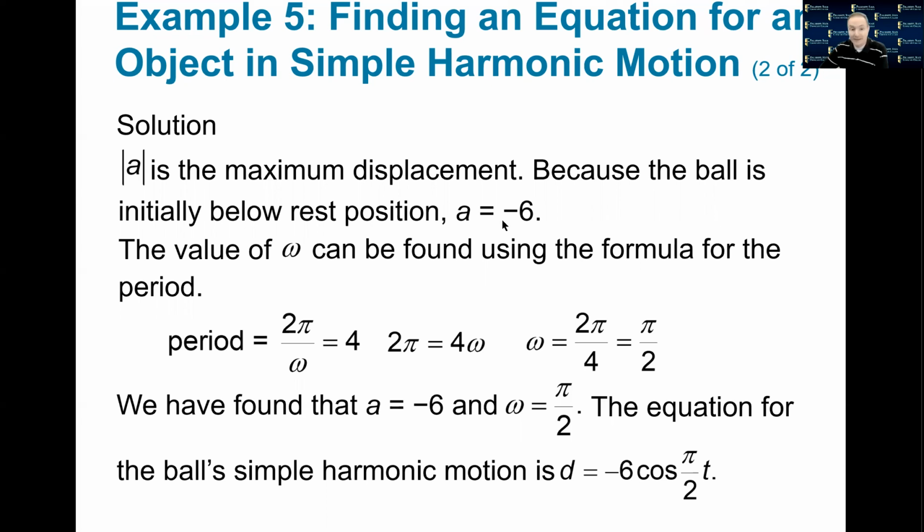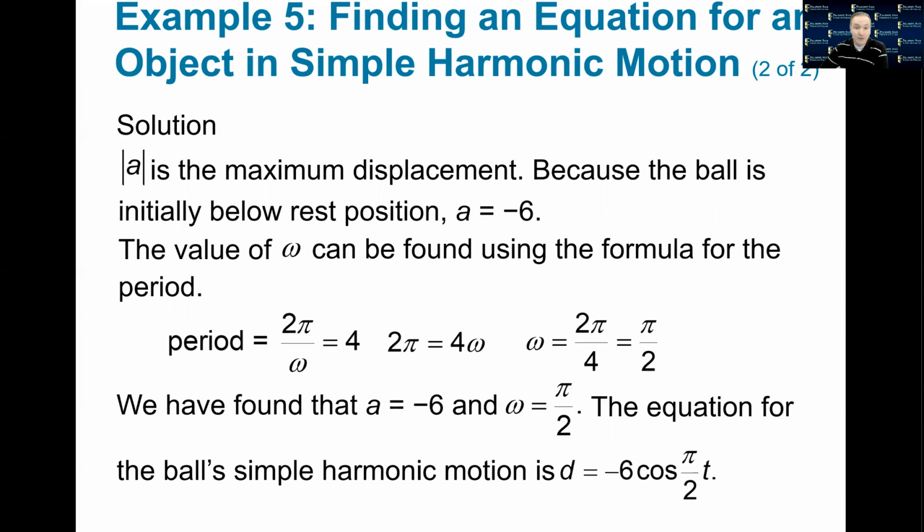Now, I need to find out the value for omega in the problem. And I would actually do the next page first. I would find the period first. I'm sorry, where I said I was going to find the period first, I've done it right here.